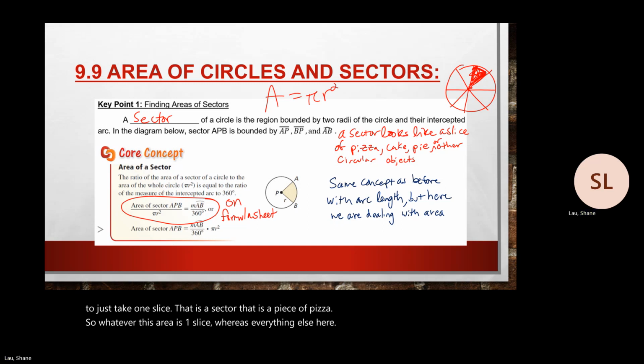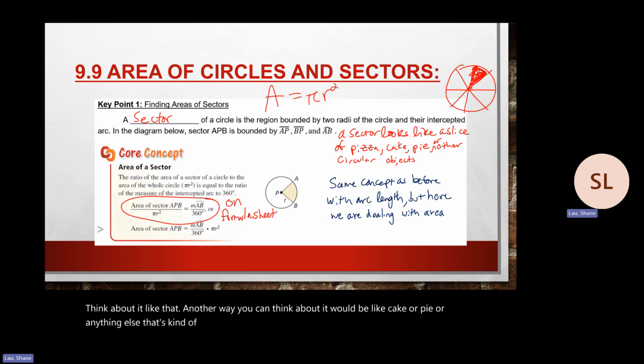Another way you can think about it would be like cake, pie, or anything else that's circular in nature, like a cookie. A lot of our dessert-esque foods are coming to mind, but any other kind of food is possible as well.